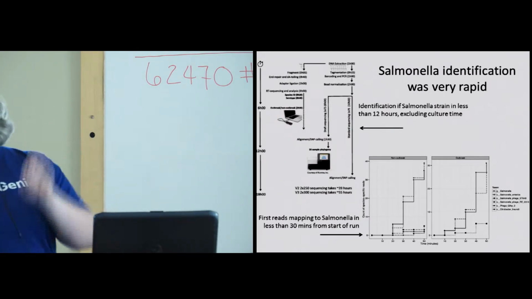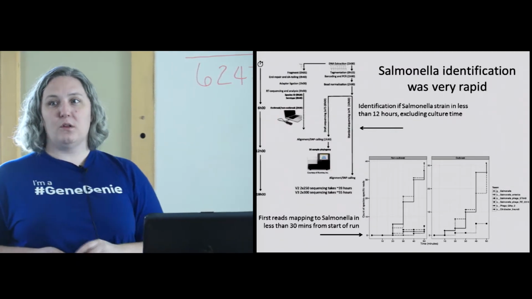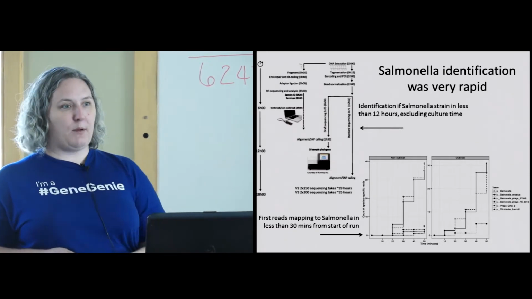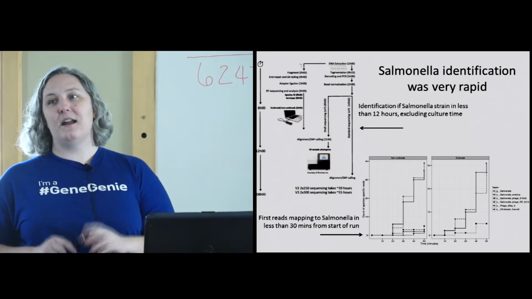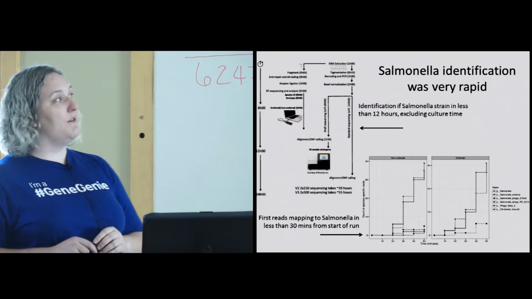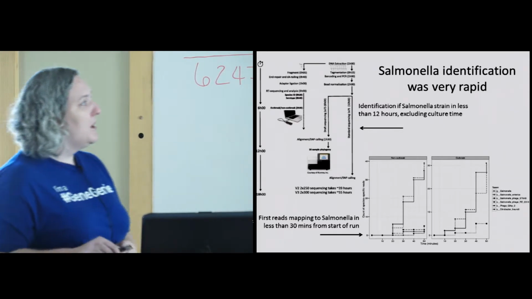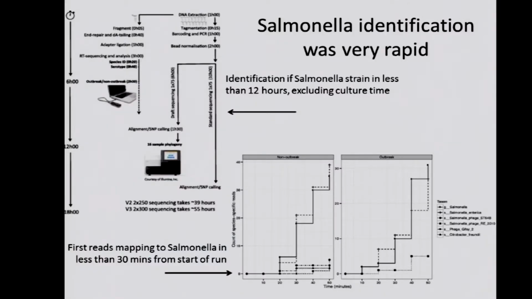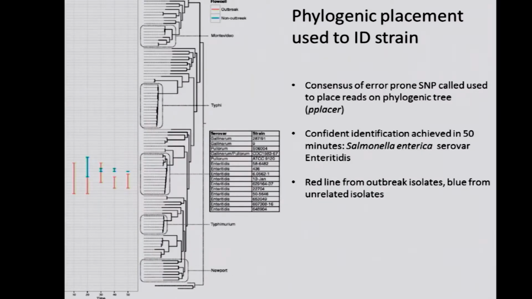But once you have a culture from an infected individual, 12 hours from library preparation to sequencing to identify accurately the strain of the organism in it. The first reads are mapping to salmonella within 30 minutes of the start of run. As the run continued, more and more reads mapped to the salmonella strain, both from the outbreak and non-outbreak patients. So it's very rapid, potentially useful for point-of-care monitoring of outbreaks.